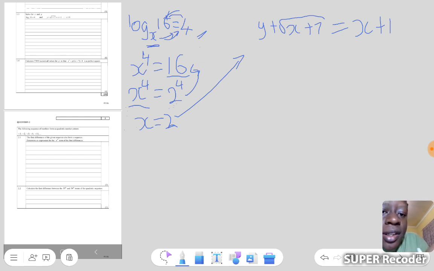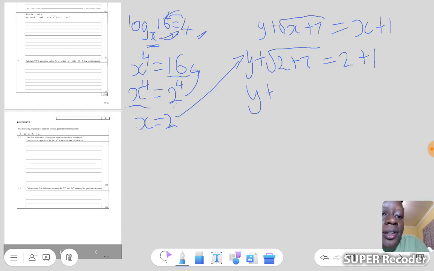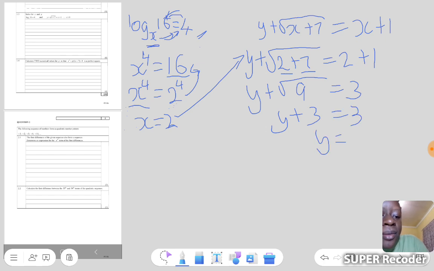So we have to substitute in this other equation. We are substituting x by 2 here: y plus square root of 2 plus 7 is equals to 2 plus 1, y plus square root of 9 equals to 3. So square root of 9, that's 3, it will be equals to 3 this side, y is equals to 3 minus 3, therefore our y would be 0.